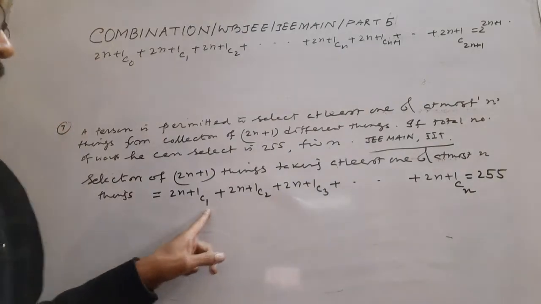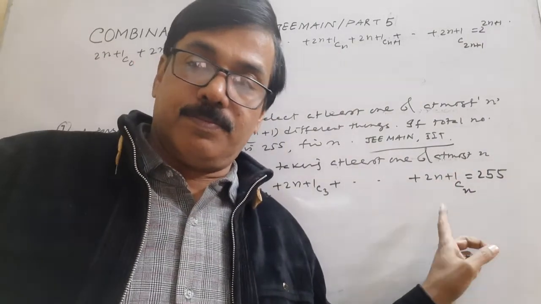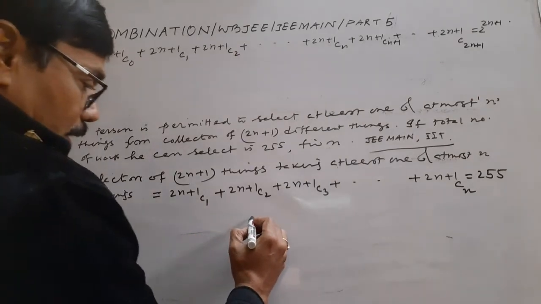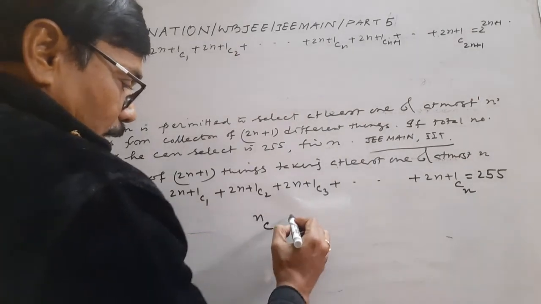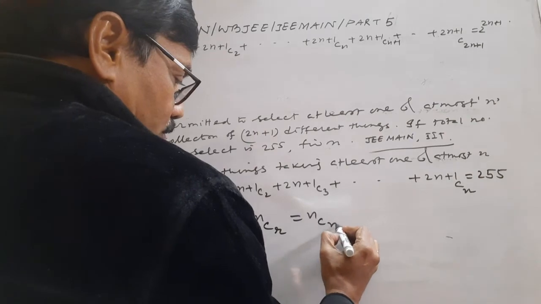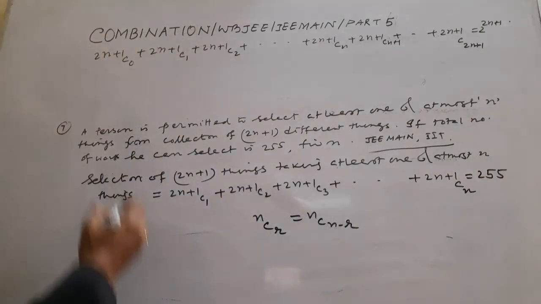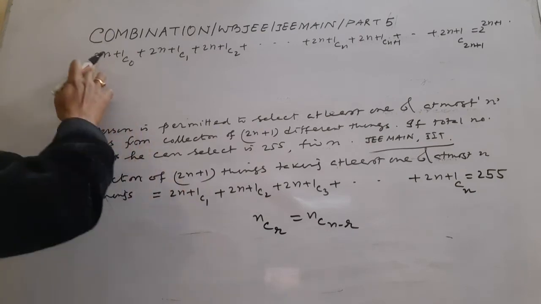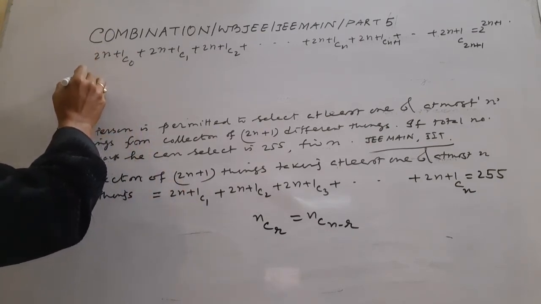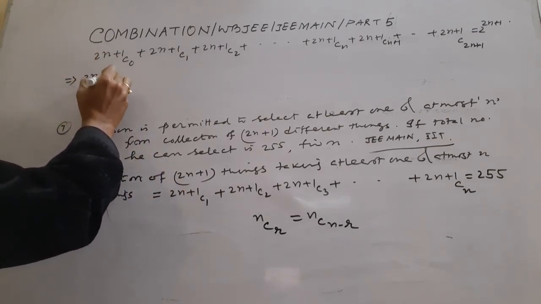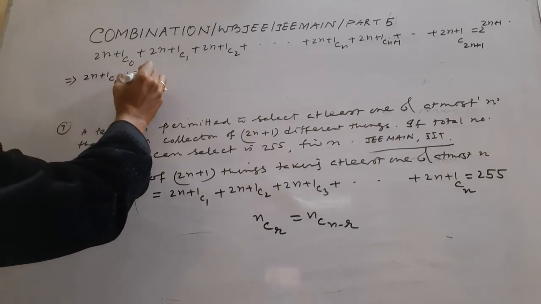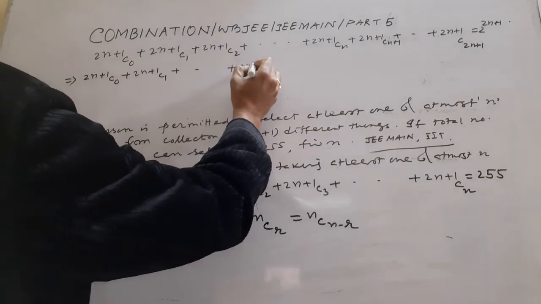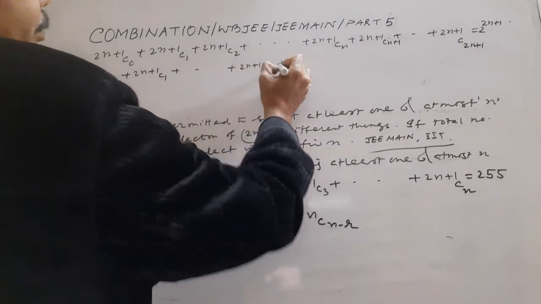Now here, up to n is given. So there is also the result of the complementary combination theorem, NCR equals NC(n minus R). Look, here 0 is not given. So 2n plus 1 C0, 2n plus 1 C1, up to 2n plus 1 Cn.